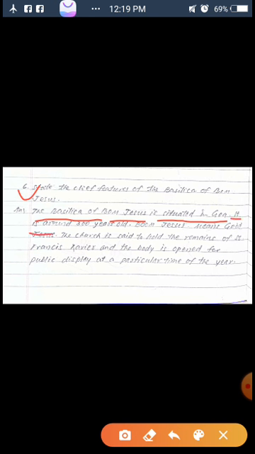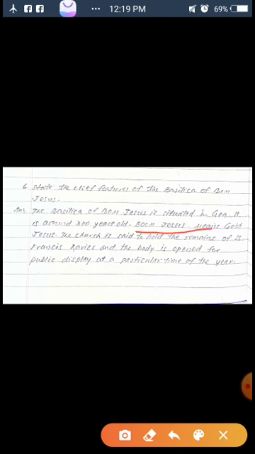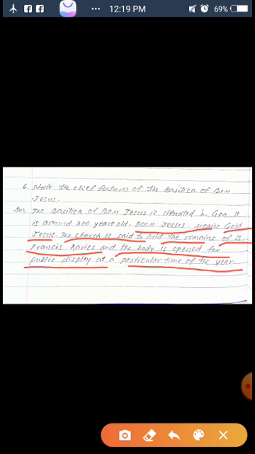It is around 300 years old. Bom Jesus means good Jesus. The church is said to hold the remains of Saint Francis Xavier, and the body is open for public display at a particular time of the year.